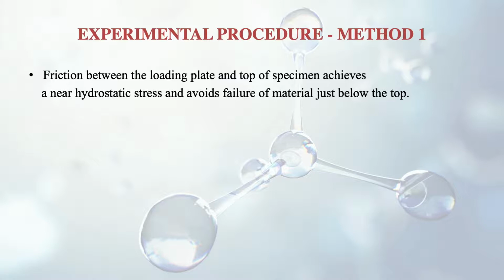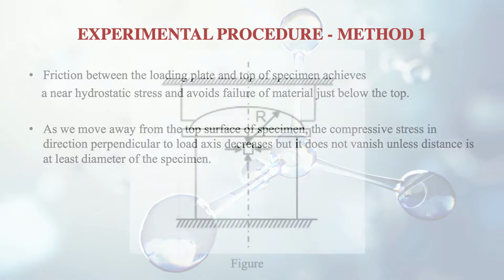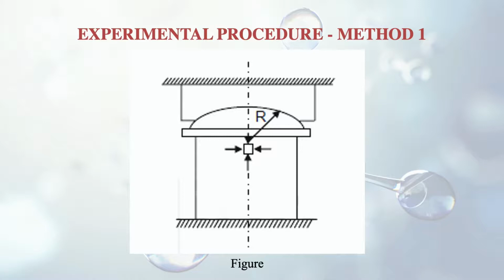Because of this hydrostatic stress, failure will not be there just below the top where the platen is touching the specimen. As we move away from the top surface of the specimen, the compressive stress in the direction perpendicular to the load axis, meaning the lateral direction, is there. This is along the axis, and when we are putting the load from this lateral direction, it will be compressive stress.